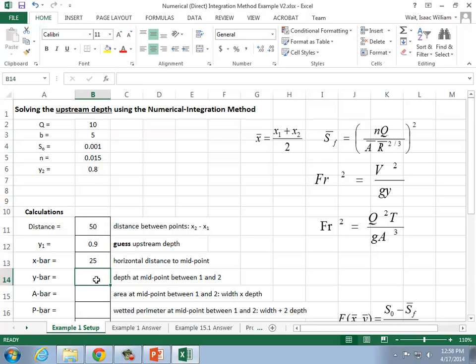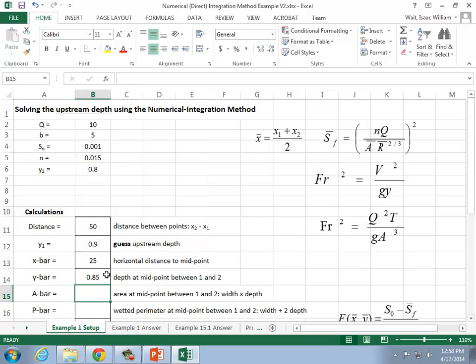Okay, the depth at the midpoint, if this is the downstream depth and this is the upstream depth, will be the average of the two. So it is going to be the downstream depth plus the upstream depth divided by 2.